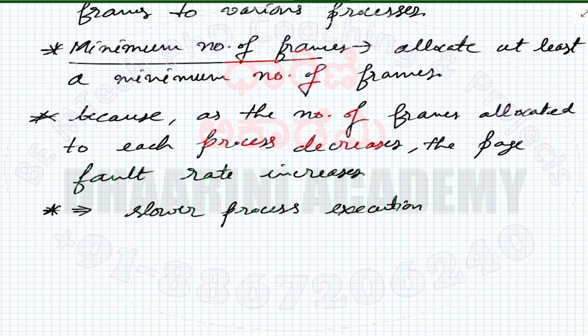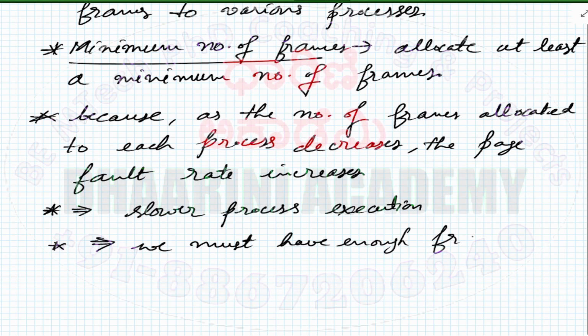So we must have enough frames to hold all the different pages that a single instruction can reference. This implies the condition: we must have enough frames to hold all the different pages.